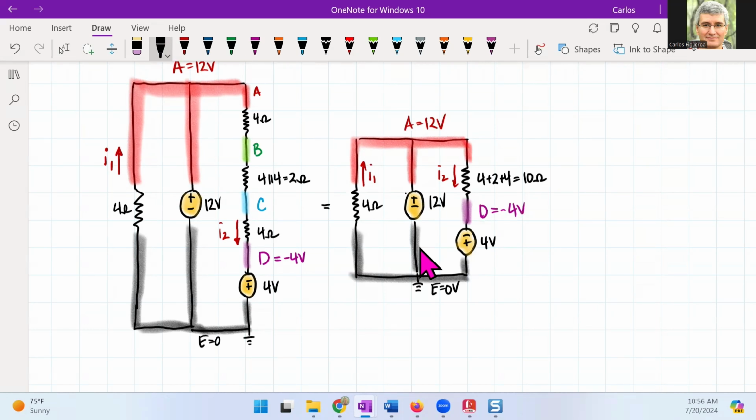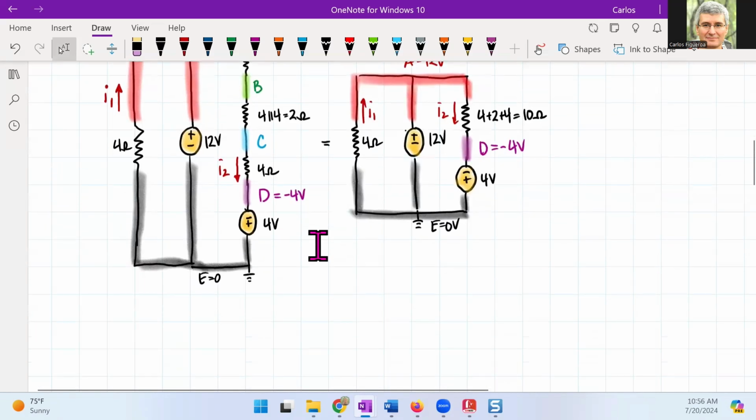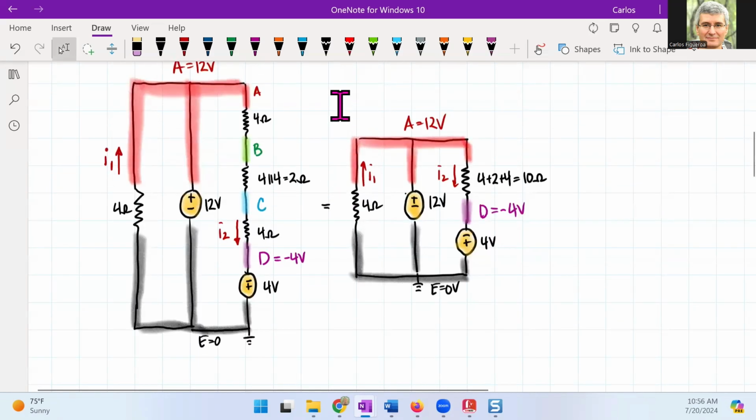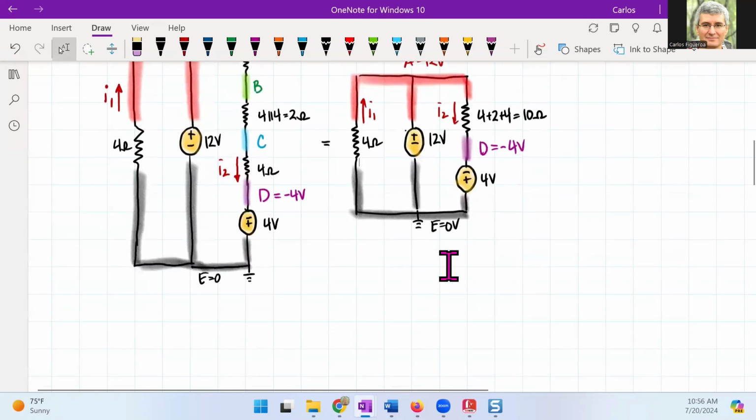So we've been doing resistor reduction up to this point. So now we can just calculate this thing. Okay, so we want to calculate both of these currents by analyzing this circuit here. So I'm going to keep referring to this. Now, here we go.